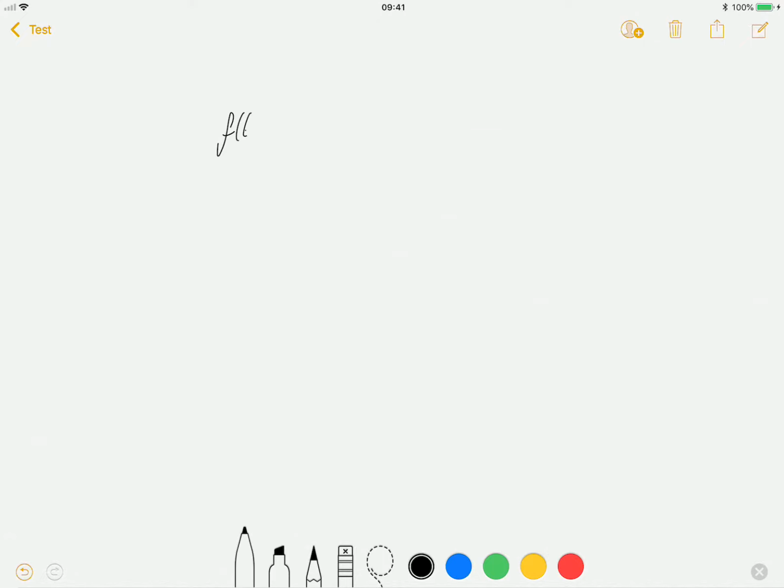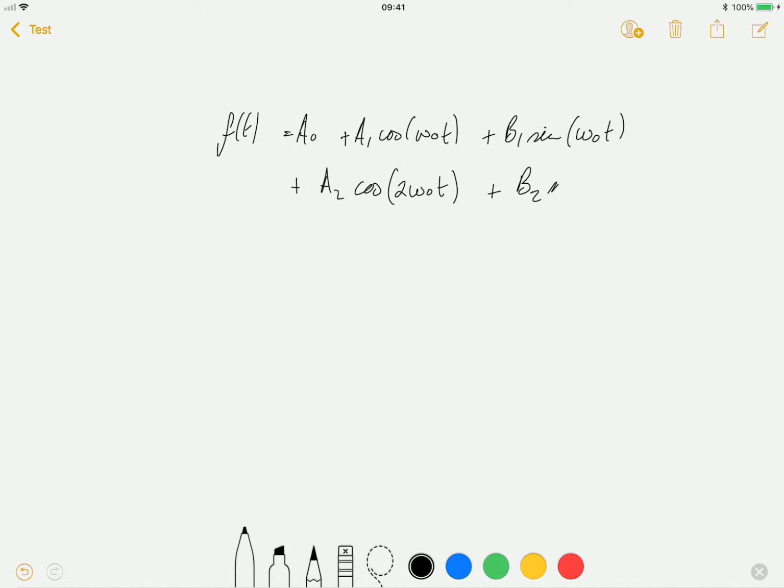We could say that f of t is equal to a naught plus a1 cos omega naught t plus b1 sine omega naught t plus a2 cos of 2 times omega naught t plus b2 sine 2 times omega naught t plus all the way to am cos of m multiplied by omega naught t plus bm sine of m omega naught t. That is for the case where they're equally spaced.